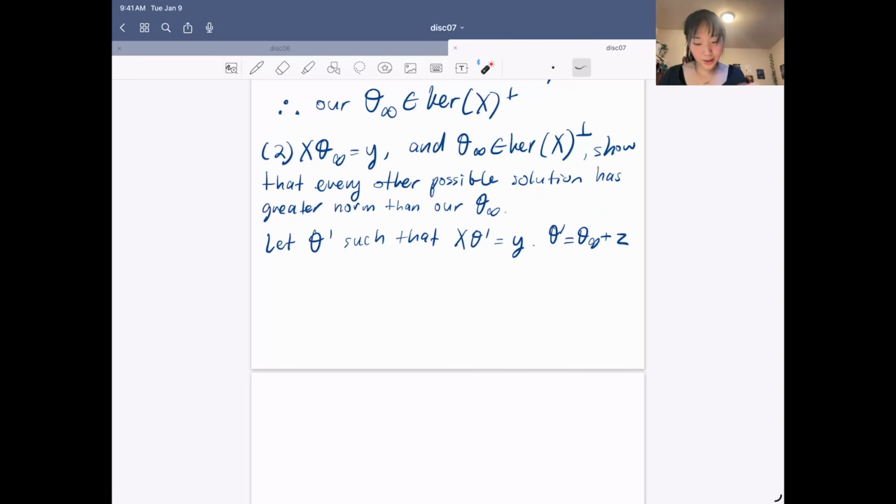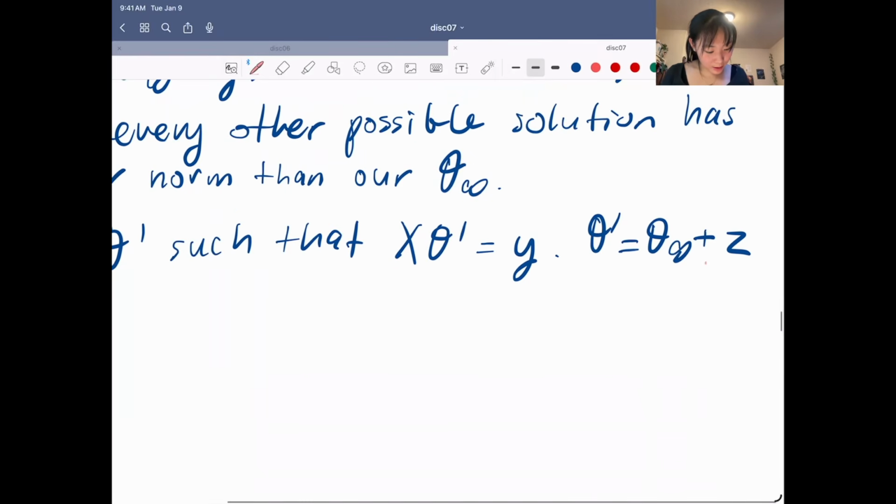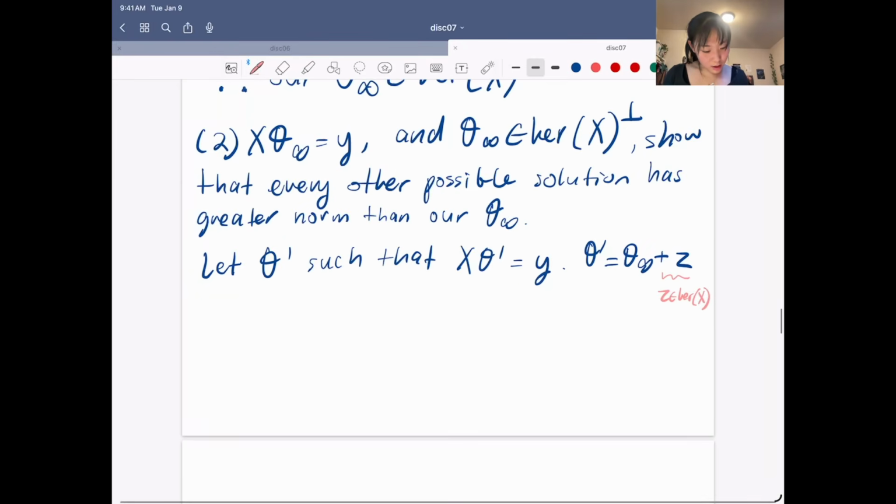Because if you don't add this z, it's not another possible solution, it's the same solution. Okay, so if we add this z, which is in our kernel space, this is still a valid solution. We literally just showed this in part A.